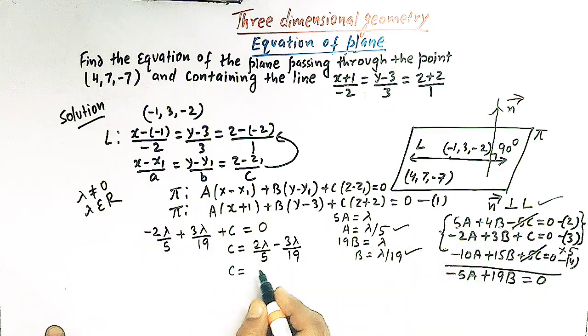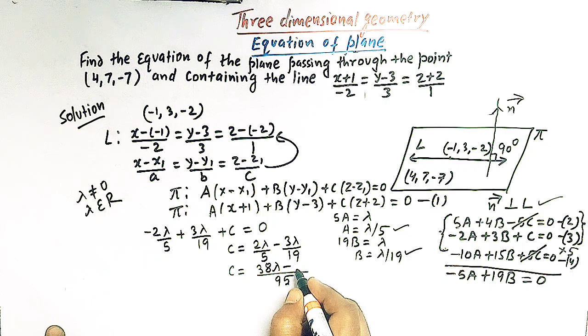So now here to get the value of c, we have to solve this expression, and here we can take the LCM. So we have the LCM of 5 and 19 as 95, and now taking the cross multiplication, we have 19 times 2 is 38, and then 5 times 3 is 15 lambda.